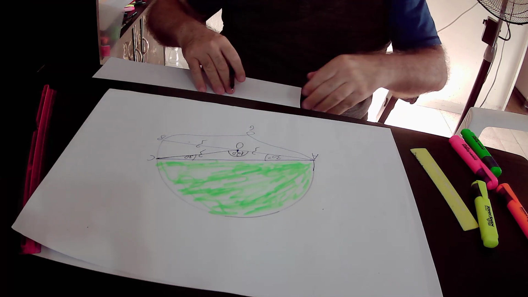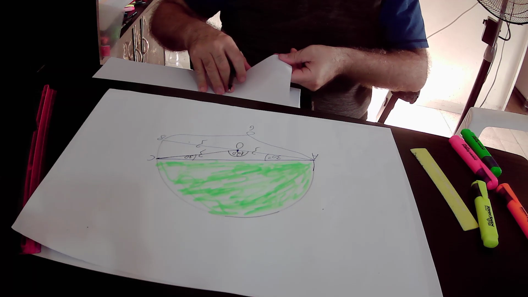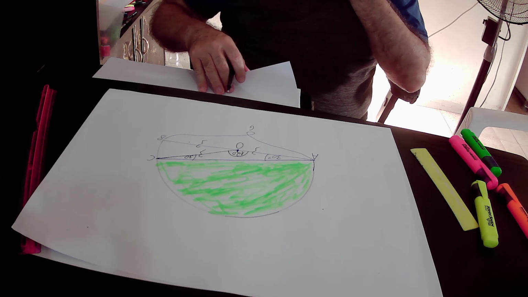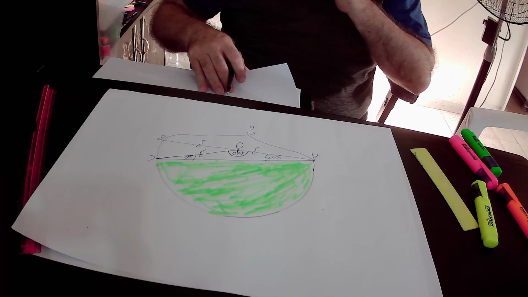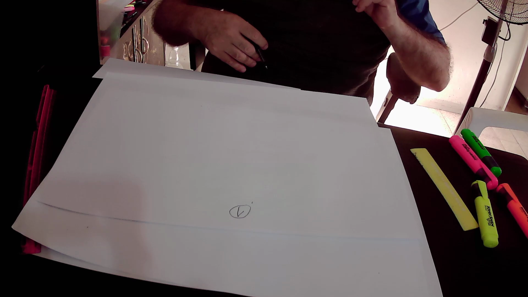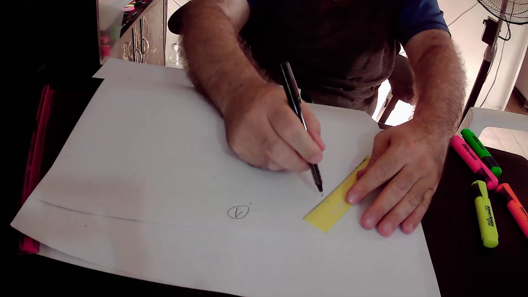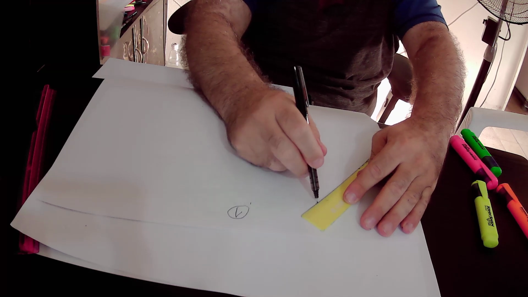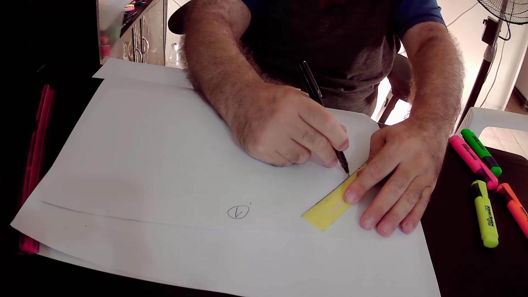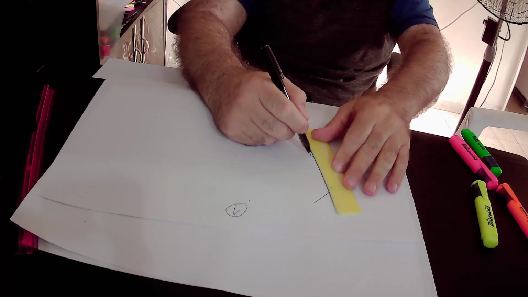Okay, so in the next step, I will present to you the formula for a sector. A sector is part of a circle. So if we have here sector AOB, that could be any sector.